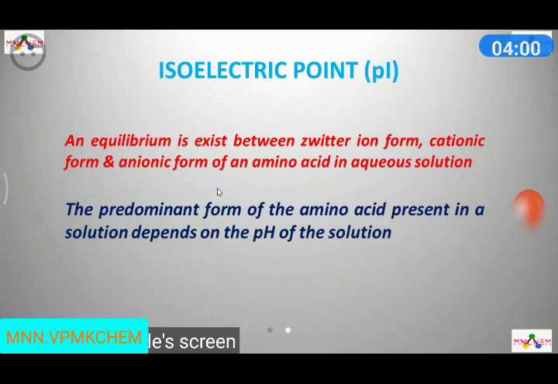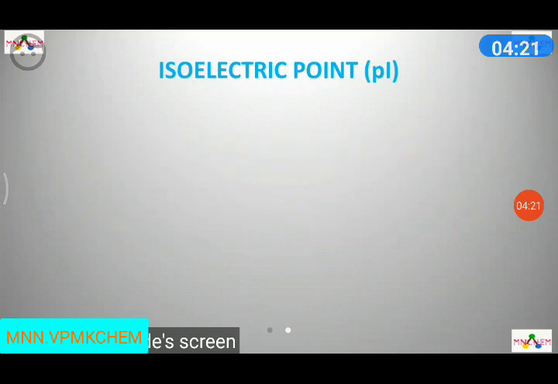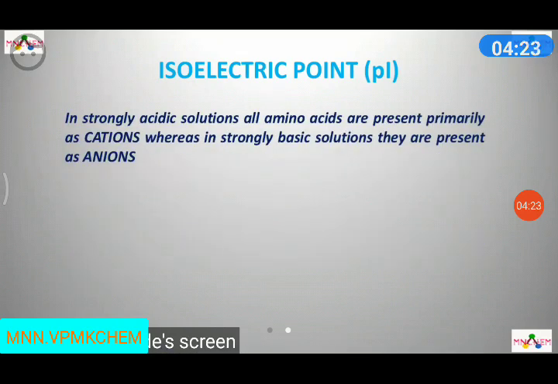So the pH of the solution plays an important role in the population, or majority, of the ionic form of an amino acid. When we have a strongly acidic solution, the amino acids are present primarily as cations, whereas in a strongly basic solution, they are present as anions. It can be shown with the reaction represented here.